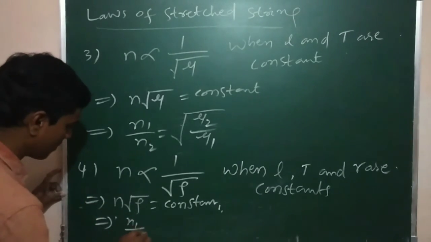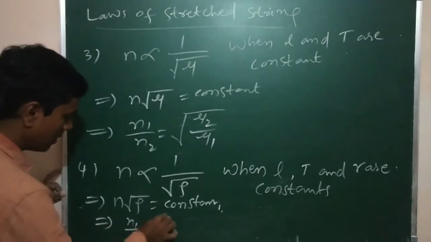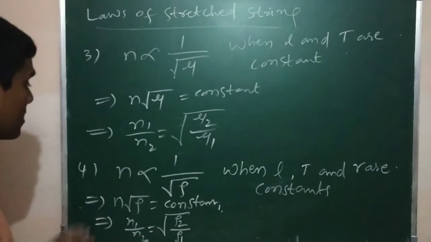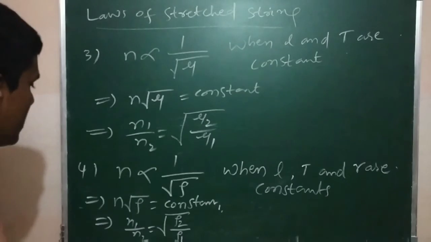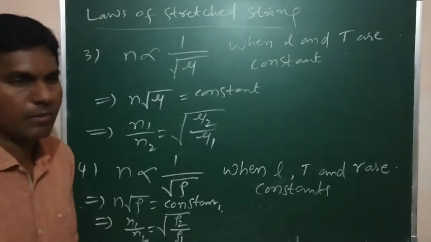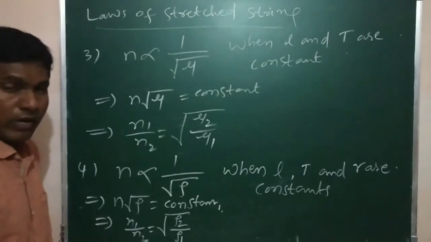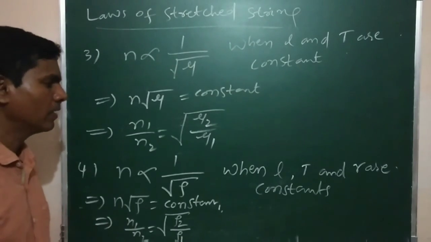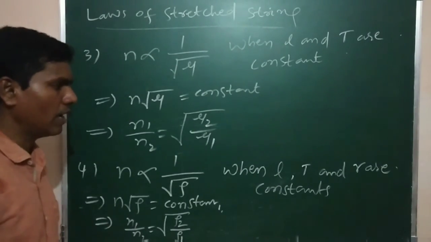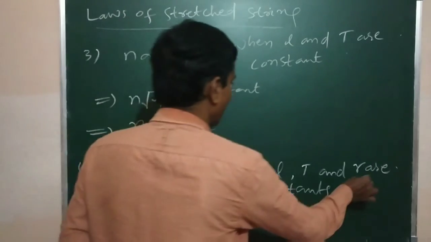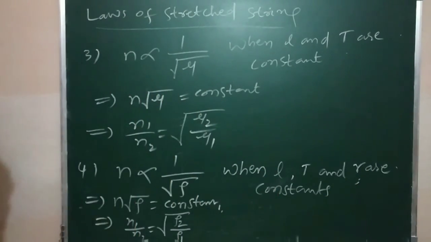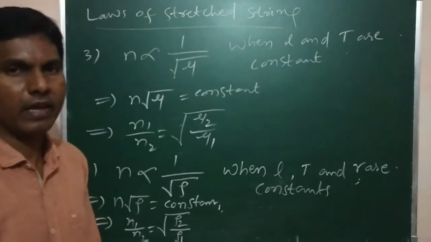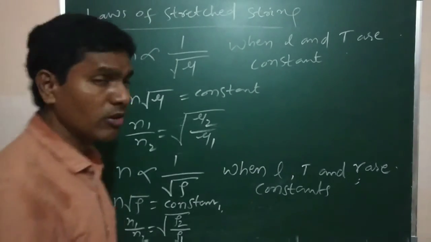It can be written as n1 by n2 equals under root of rho2 by rho1. This is the fourth law of stretched strings. Thank you very much.